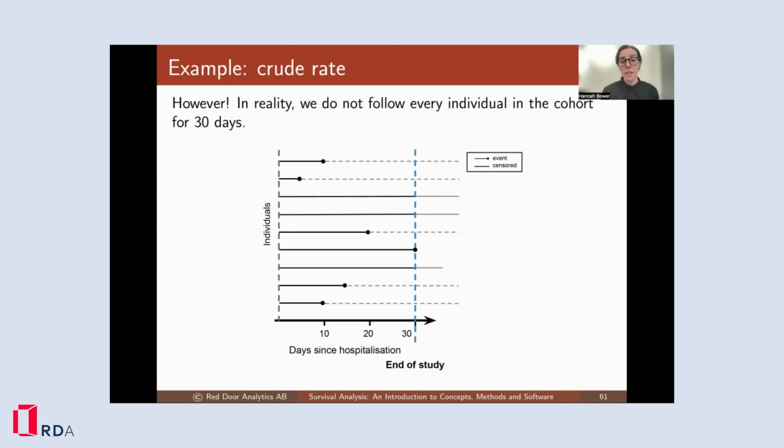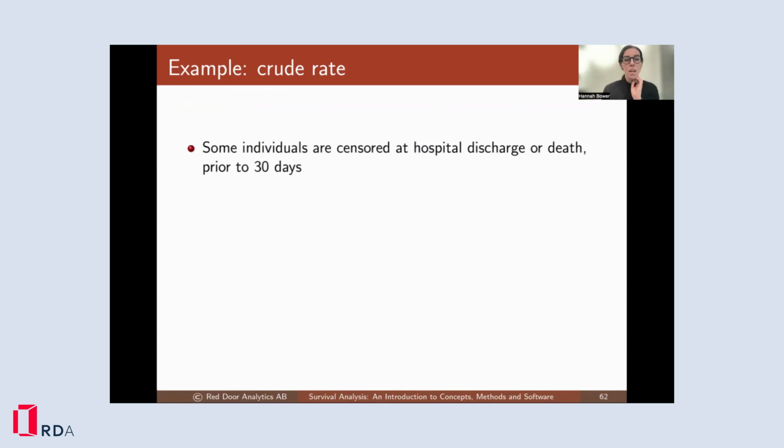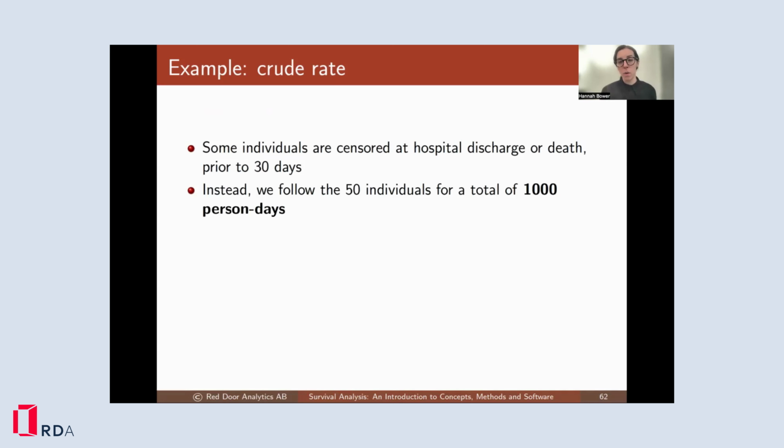They may also be censored prior to the 30 days being over, meaning that our time at risk isn't really as we described it earlier. In fact, some individuals are censored at hospital discharge or death prior to those 30 days. And instead of following the 50 individuals for a total of 1,500 person days, as we calculated previously, we actually follow these individuals for 1,000 person days.